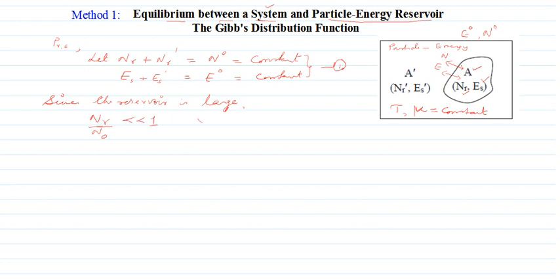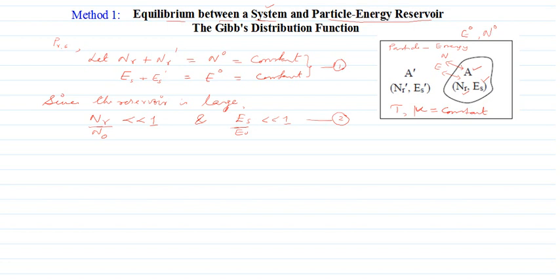In the same manner, E_s by E_0 is also very much less than 1. Remember these two conditions, which will be handy for us in the coming discussions.